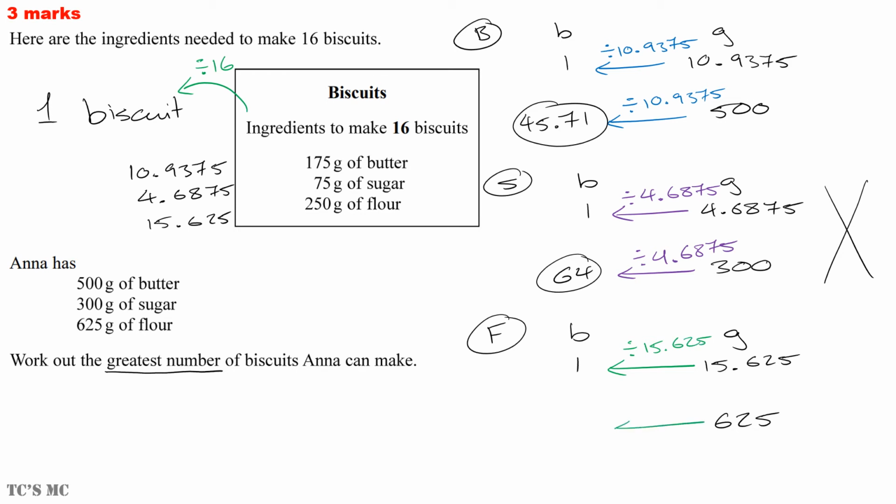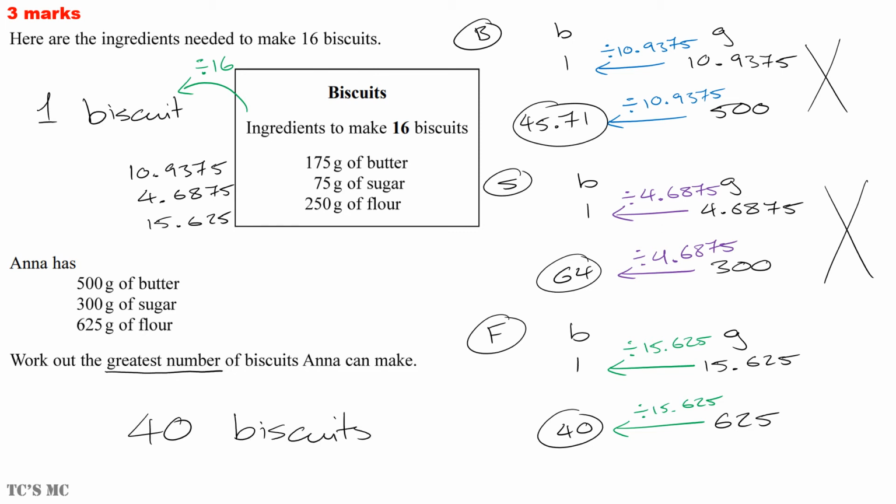Do the same over here. That gives us 40. Now if I compare butter and flour, if I make 45 biscuits, I won't have enough flour. So I know the maximum number of biscuits that Anna can make is 40.